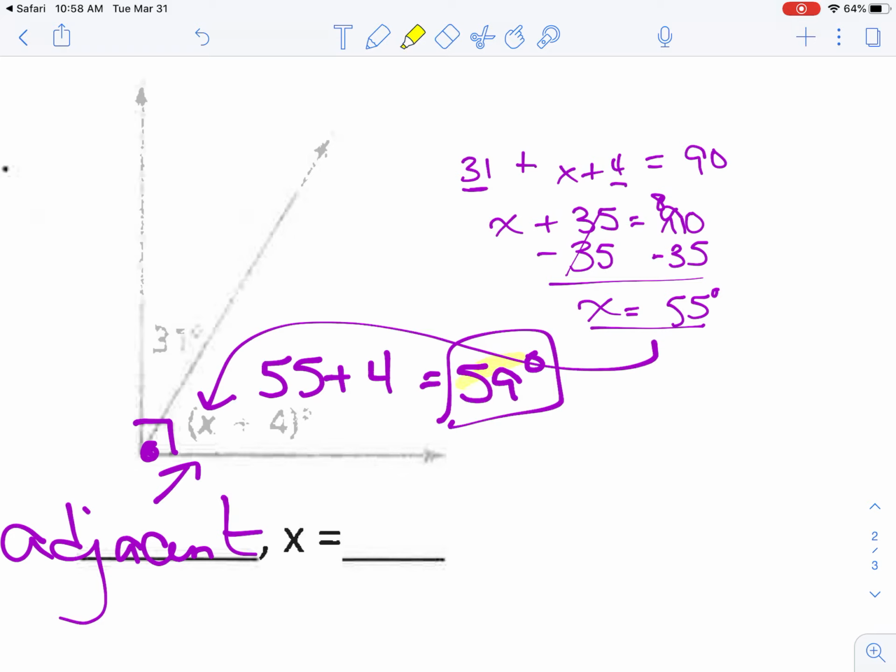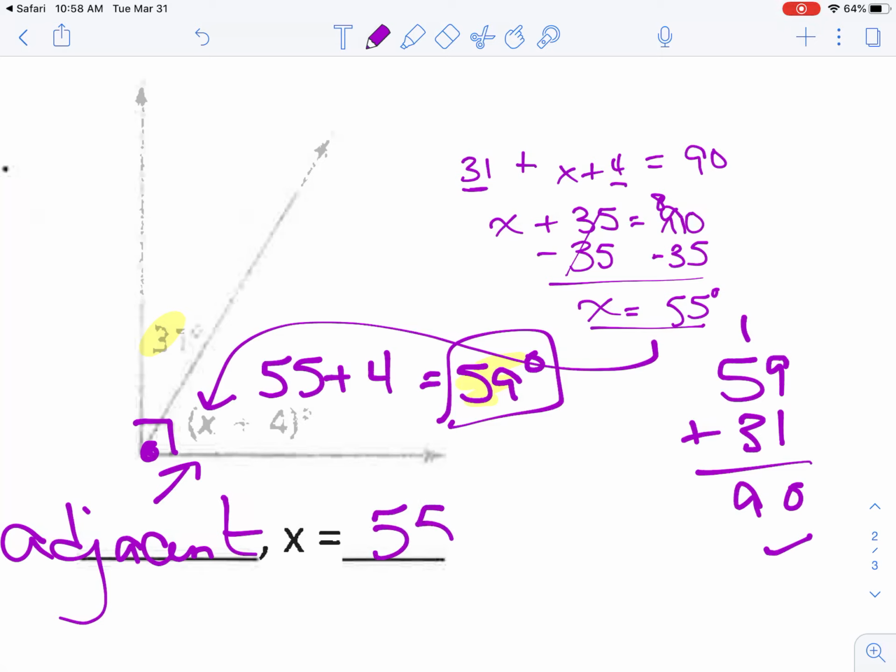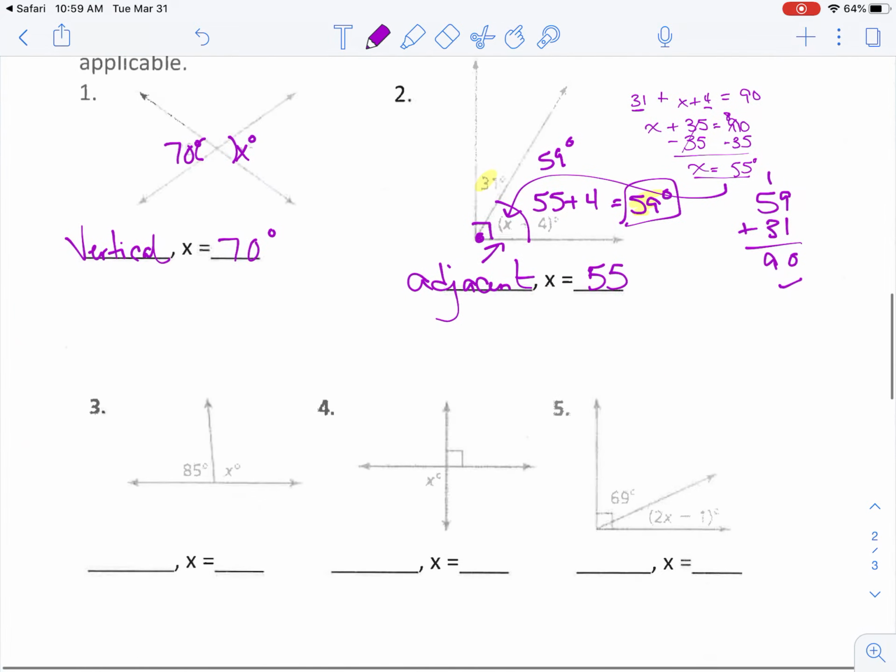And then if we want to check, if this angle is 59 degrees and this angle is 31 degrees, 59 plus 31 is 90. So it does check out. So that x is 55. The angle is 59 degrees. Okay, so there is a difference there. X is 55 and then the angle is 59.